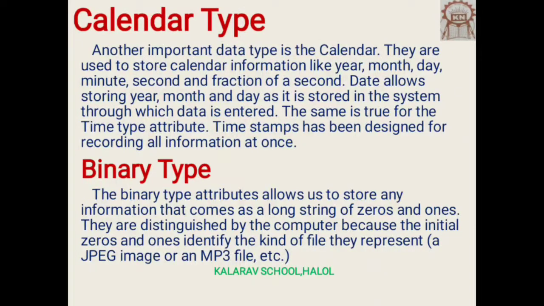Timestamp has been designed for recording all information at once. Calendar type is used to store data like a birth date, joining date, leaving date or time based data. If you want to store data like time or date, you select calendar type.